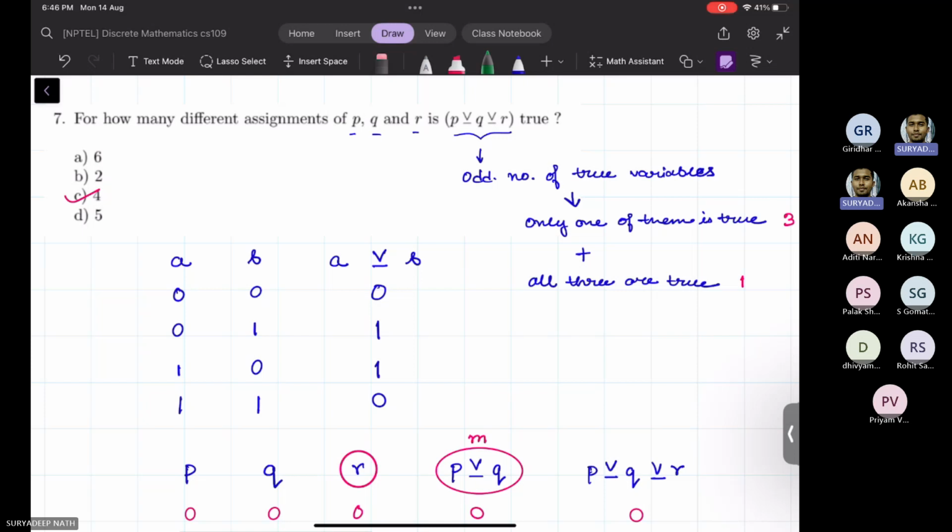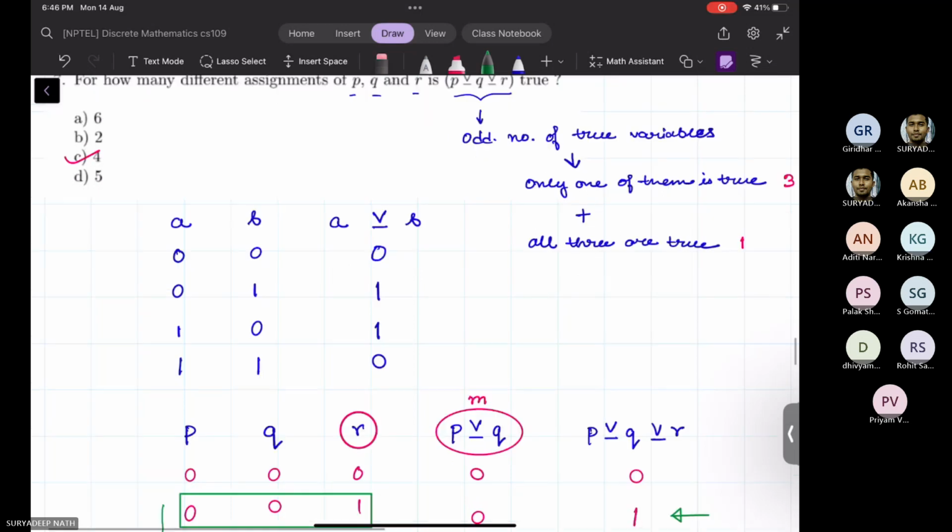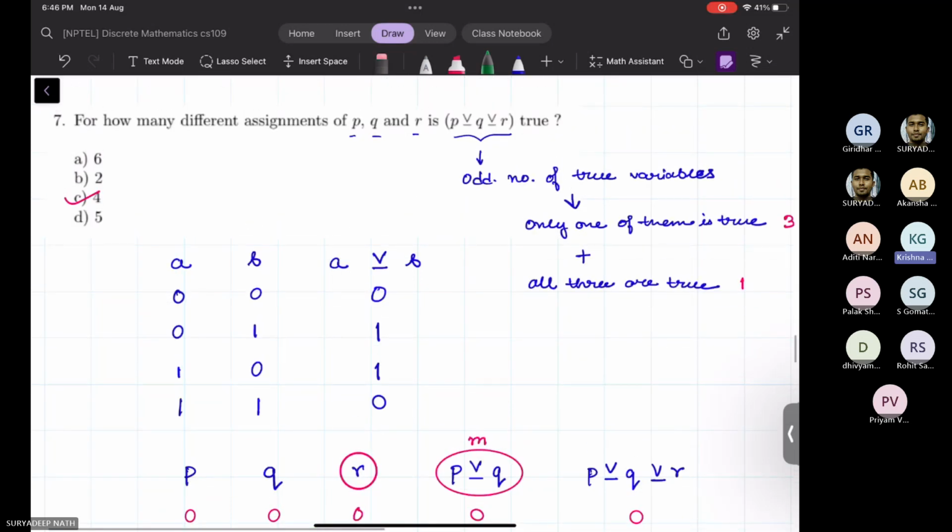So can you explain what you just mentioned? How did you get this 2 to the power n minus 1? If there are n variables, can you explain why it is coming as 2 to the power n minus 1? Sir, I tried for some four variables and observed this pattern. Suppose on some iteration I have three variables, I have eight values.